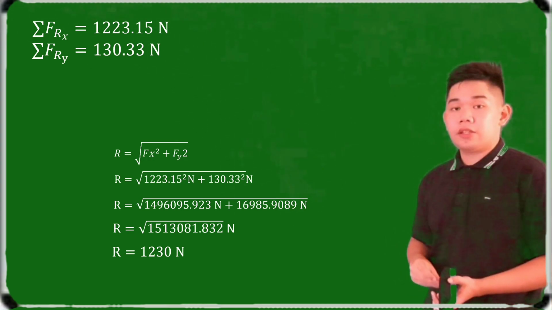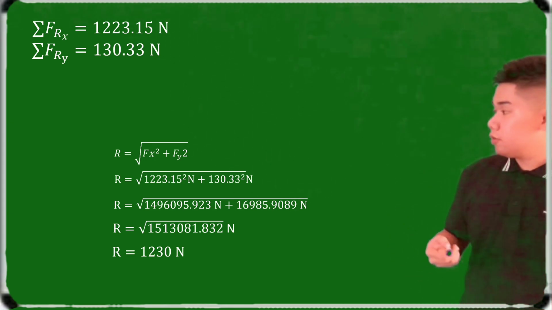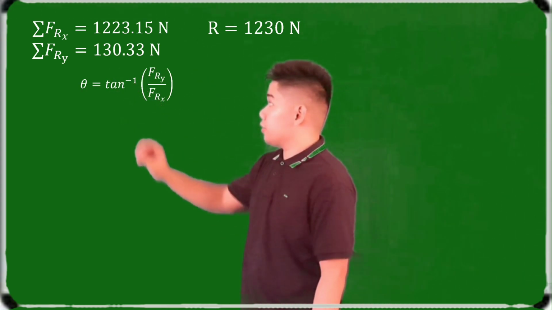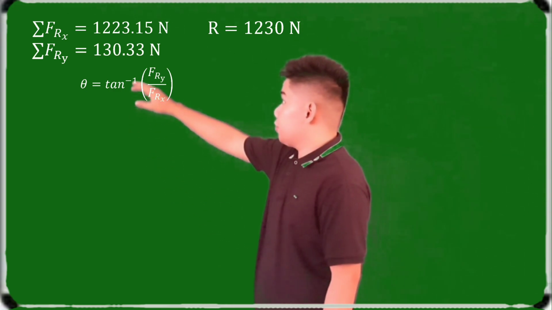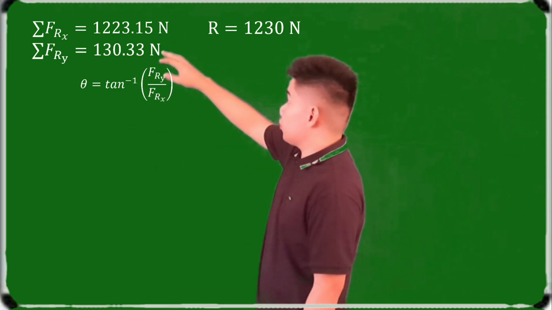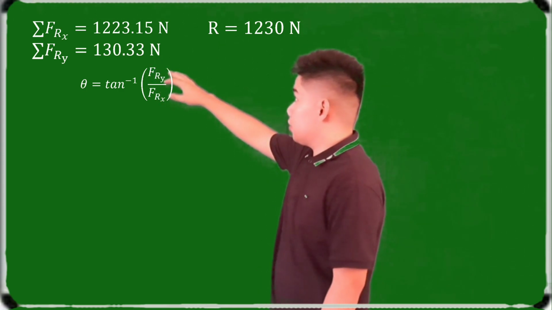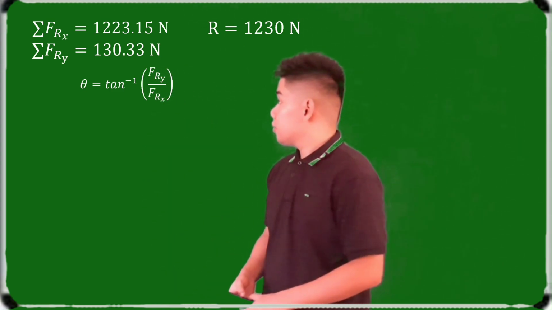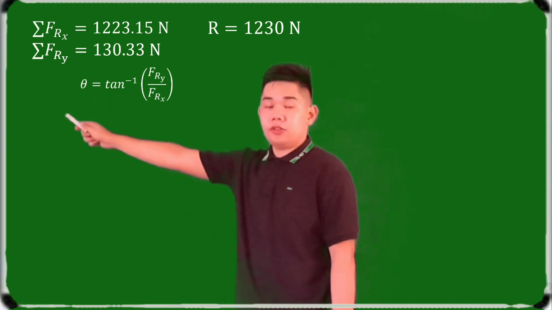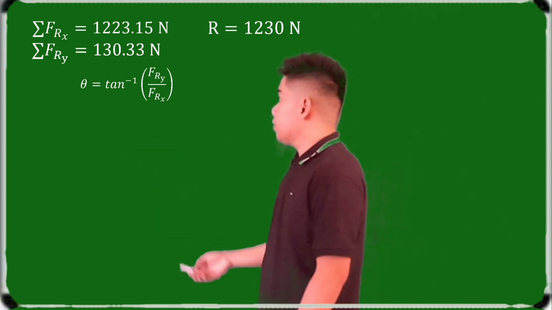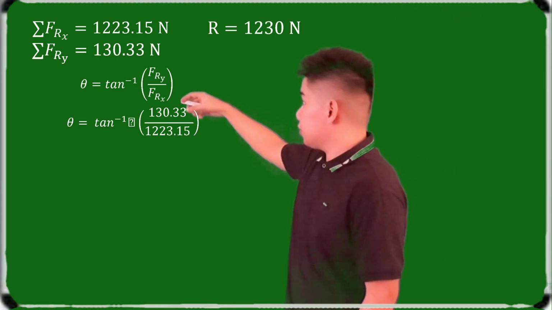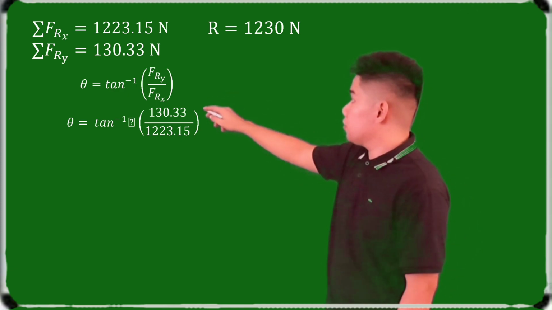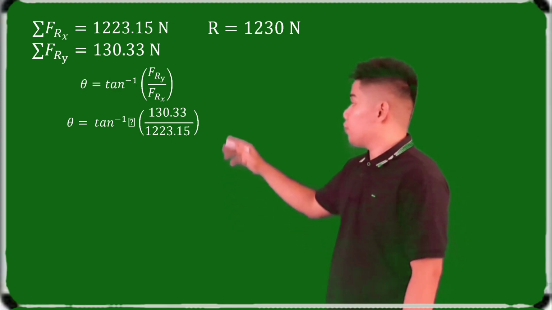Our next step is to get the direction. In getting the direction, we already know the formula: theta is equal to the inverse tangent of the resultant force of Y over the resultant force of X. As we know our values of the resultant forces of X and Y, we substitute: inverse tangent of 130.33 Newton over 1,223.15 Newton.